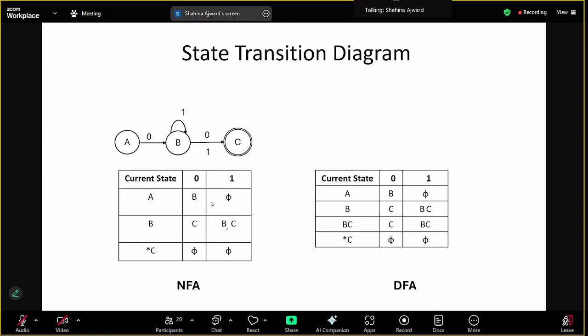With this, we identify that there are multiple transitions.